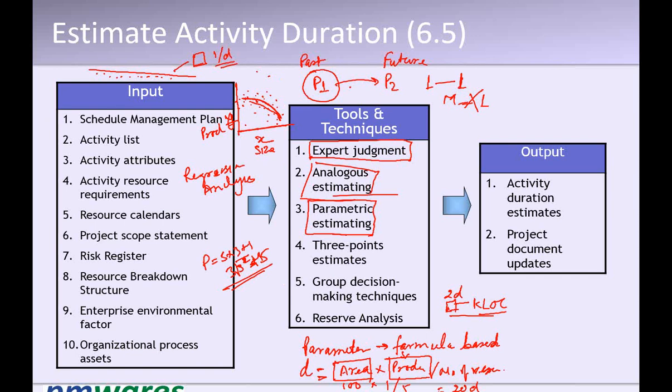Got it? So this way, parametric estimates are formula driven, plus they are based on our experience on past projects, many projects, multiple. The more projects we study, the better our estimate will be.